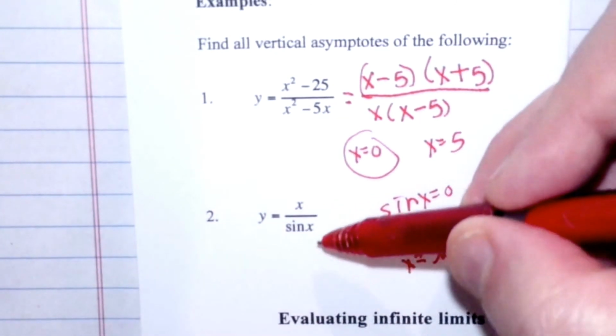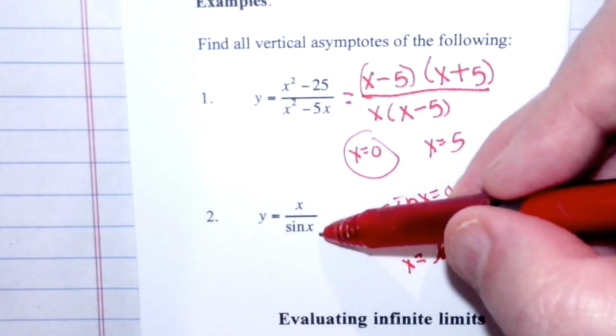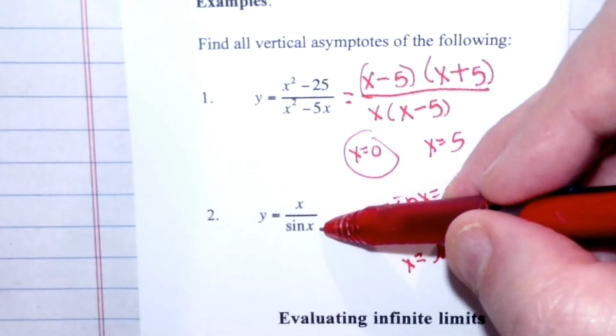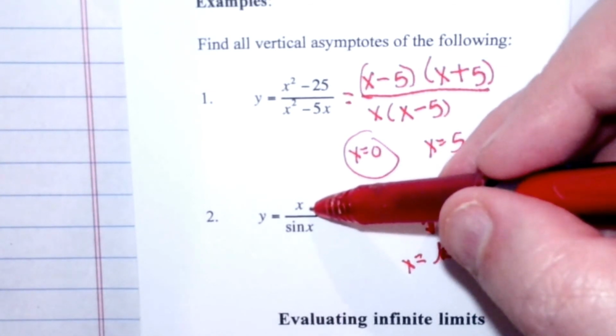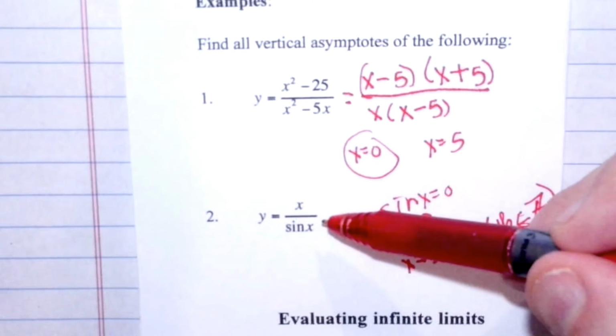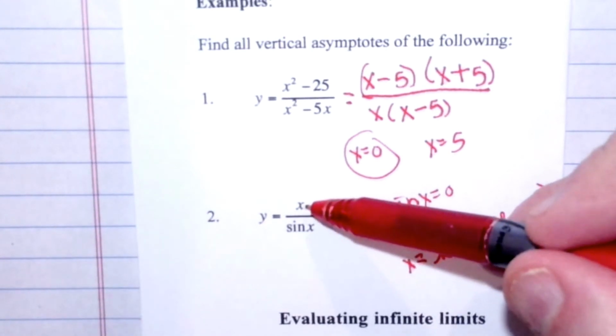If x equals 0, the numerator is 0 and the denominator is 0. So what does that mean? In this case, do we have a vertical asymptote? Do we have an infinite limit? Well, I hope you remember what the limit of sine of x over x is.